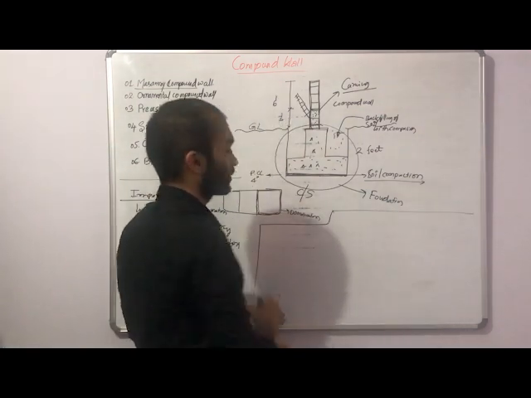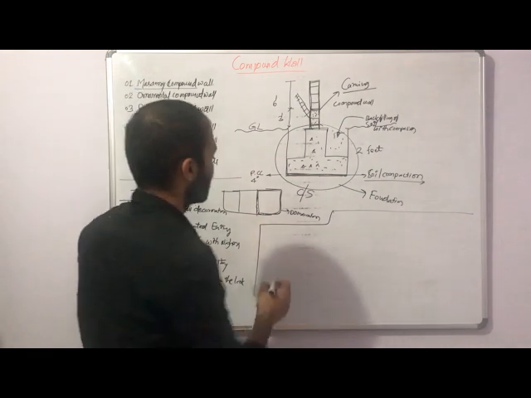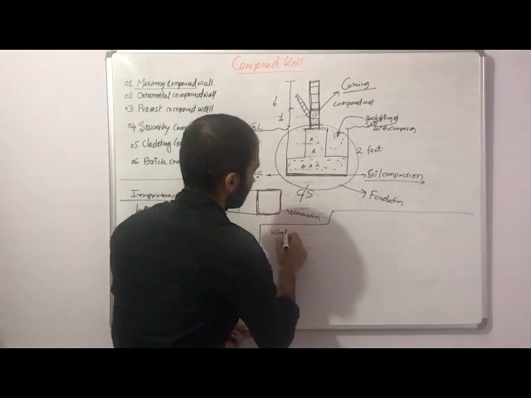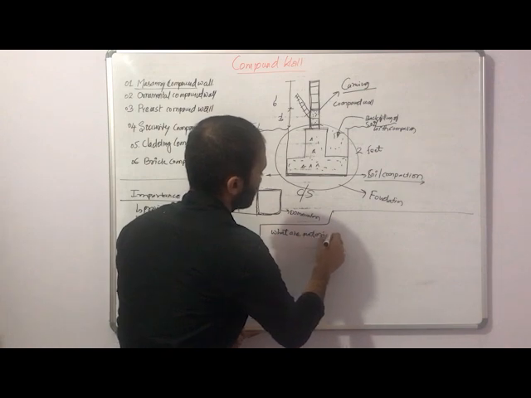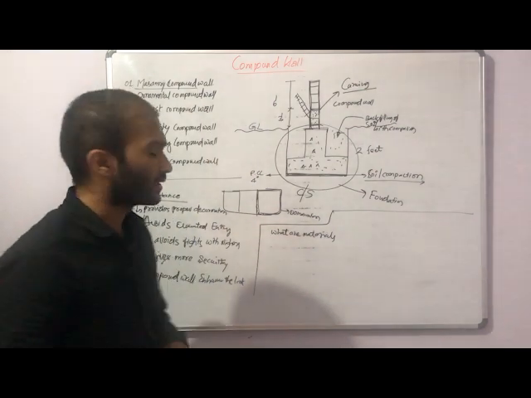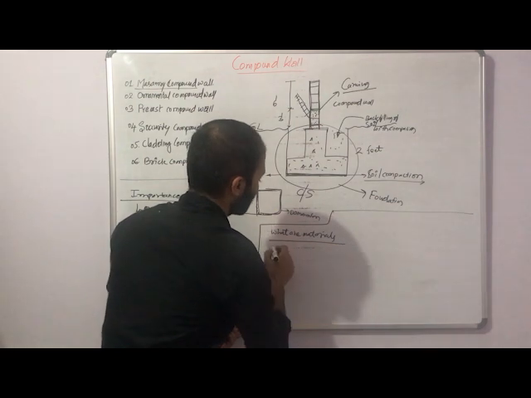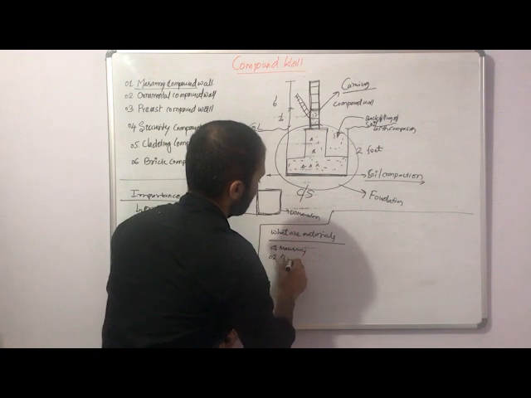The next topic we are looking at is what materials we are using, especially in the compound wall. One is masonry, and the second one is brick.